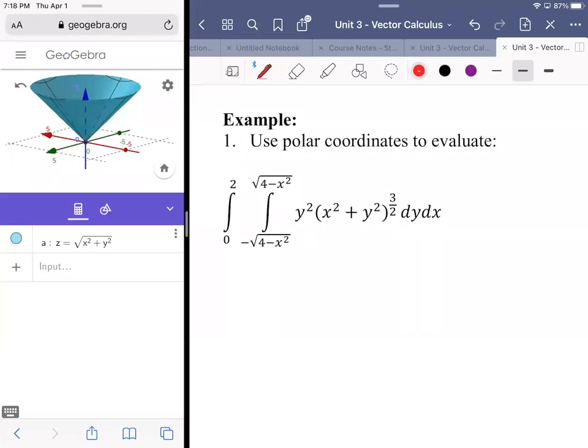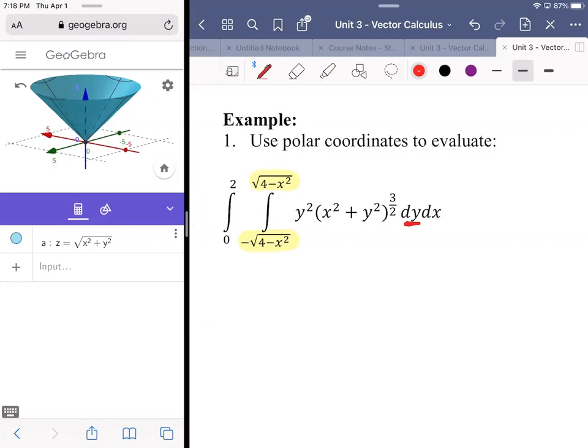But before we do that, let's get a look at the picture. The bounds are going to be hugely important, so let's focus on them for a second. These are y bounds because we integrate inside out, so we would be integrating with respect to y first.